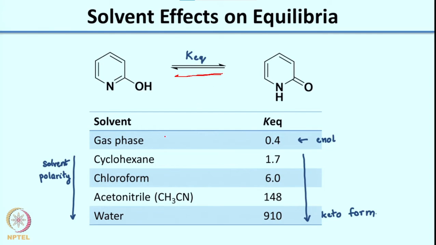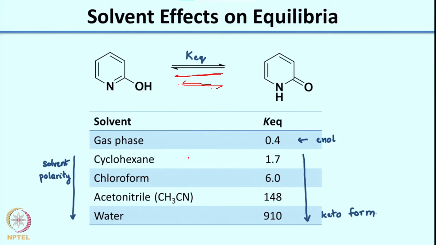But when the solvent we are using in this reaction is cyclohexane, it is shifted slightly towards the keto form, not more, but slightly, like this we can show. But when cyclohexane is replaced by chloroform, the effect increases on the keto side.